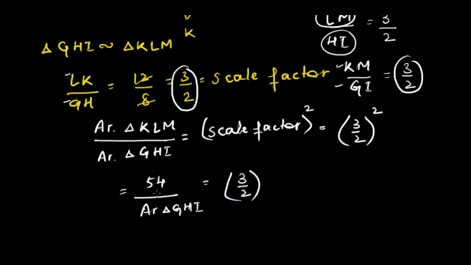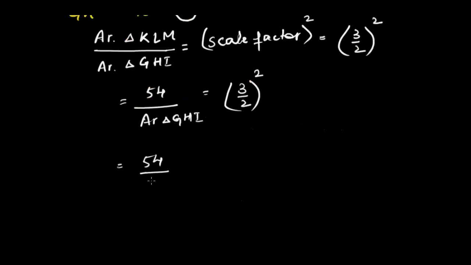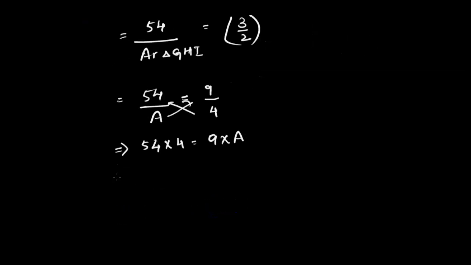When we know the area is in the ratio of the square of the scale factor, let's keep this area as a variable, a. 3 squared is 9, 2 squared is 4. We are looking to solve for a. We would just isolate a by cross multiplying. So 54 multiplied by 4 is equal to 9 multiplied by the area, or a, that we are looking for.